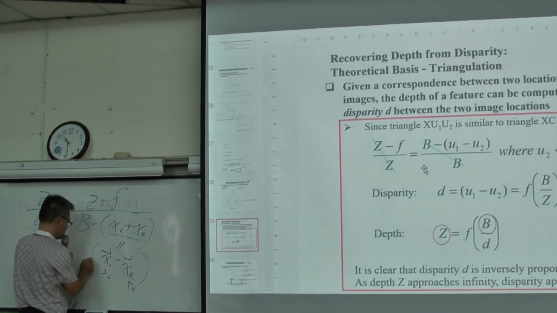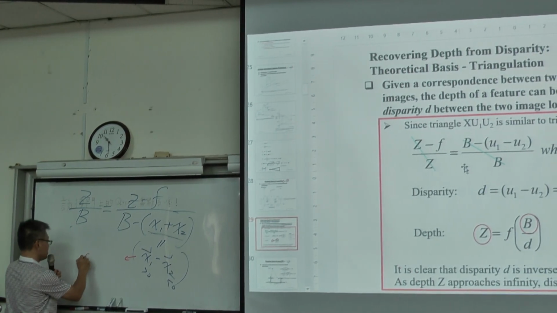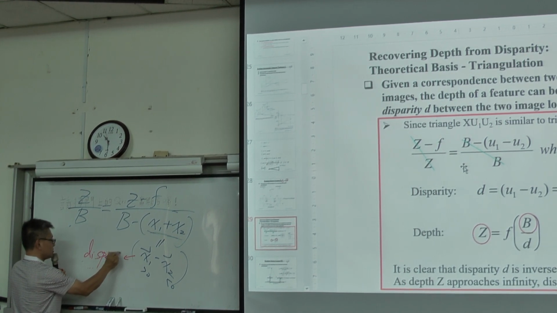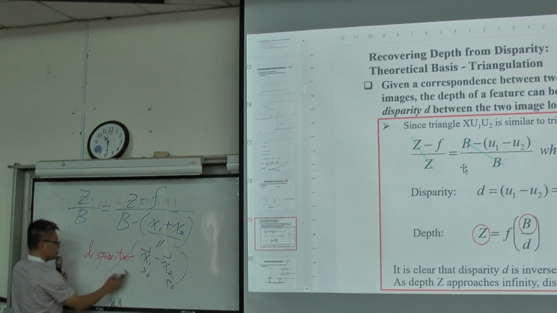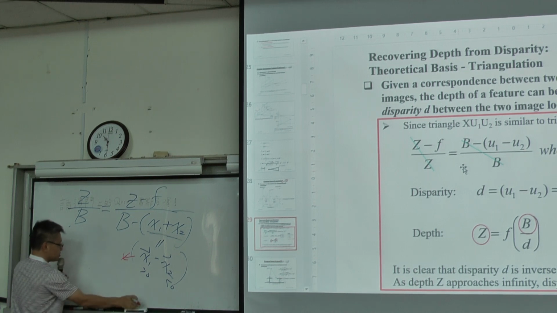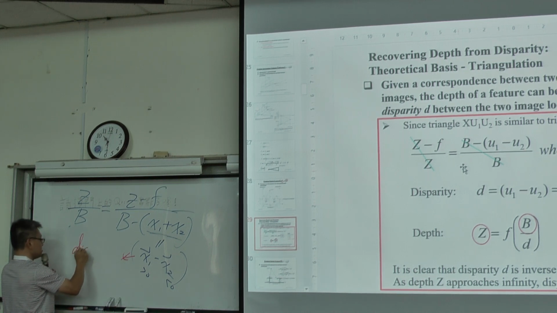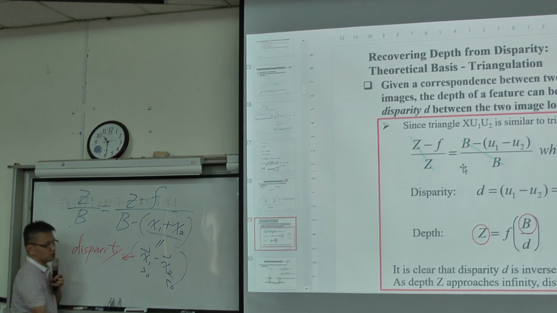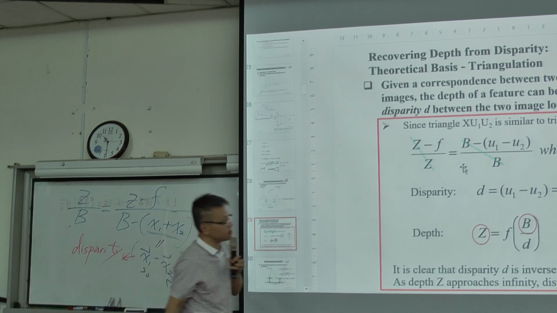This one we call disparity. Disparity 是那个视差，是它的距离。It's called disparity. The distance between 2 points.